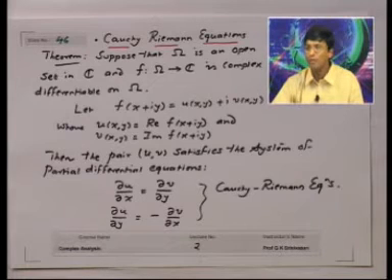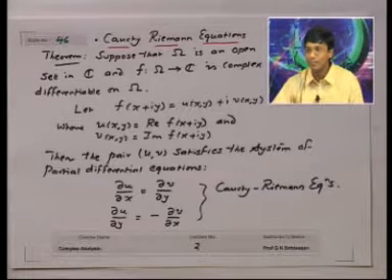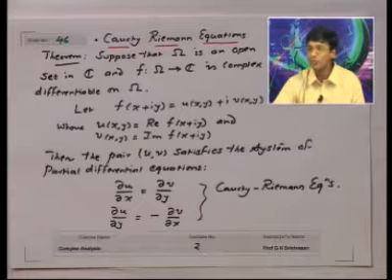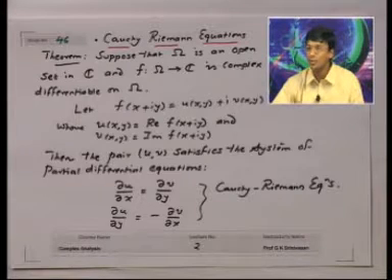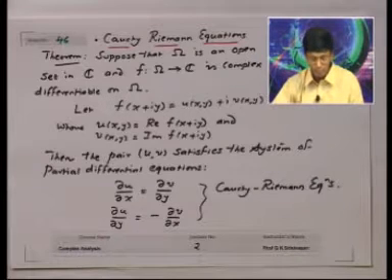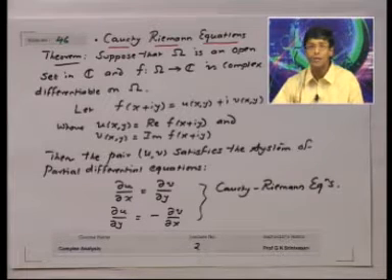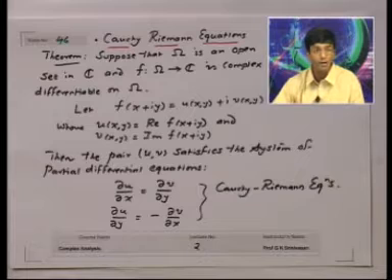Is it equal to del v by del y? No. What about del u by del y? 2y. Is it equal to minus del v by del x? No. The only place where the Cauchy-Riemann equation is satisfied is the origin. At no other place does it hold. So, an innocent thing like f of x plus iy equal to x squared plus y squared is not complex differentiable, correct.